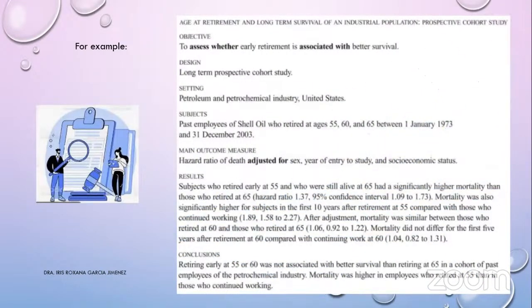This is an example, just an example. We don't have to read this, of course. But we have this abstract in order to realize how it has to be structured.